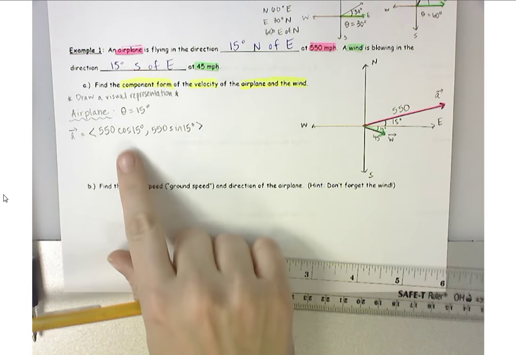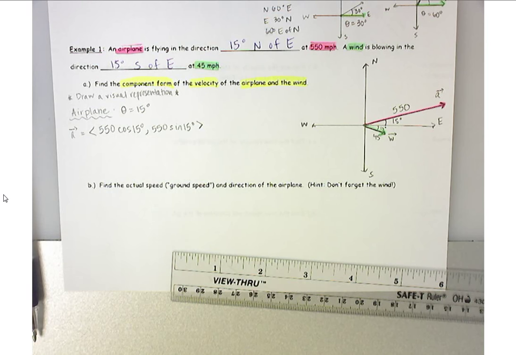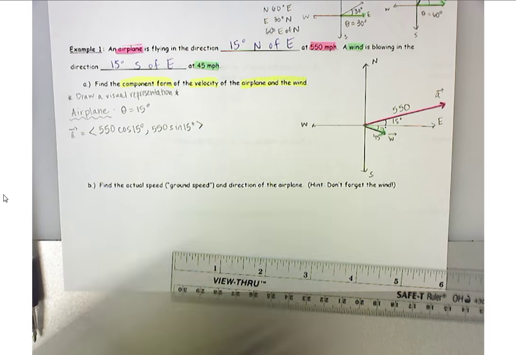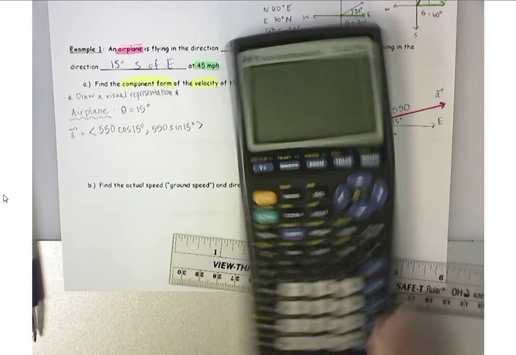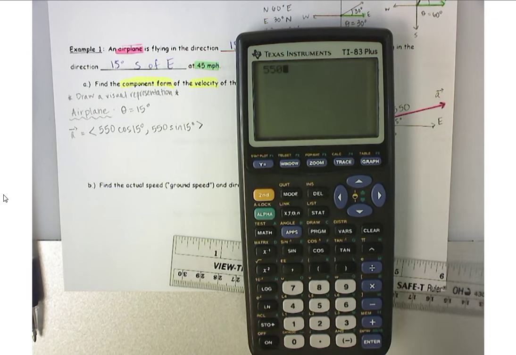Your calculators do need to be in degree mode. If you don't have your calculator out, please get it out so you can do these with me. Actively participating in your calculations is really going to help you remember when you have to do this by yourself.